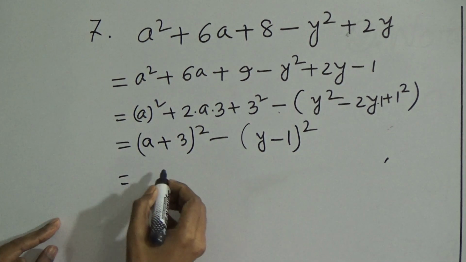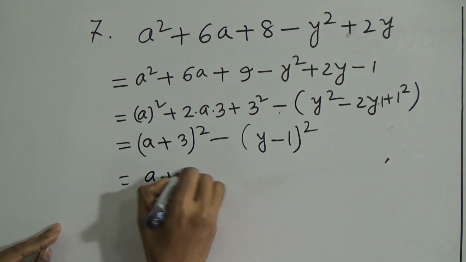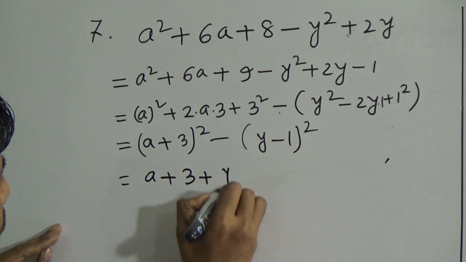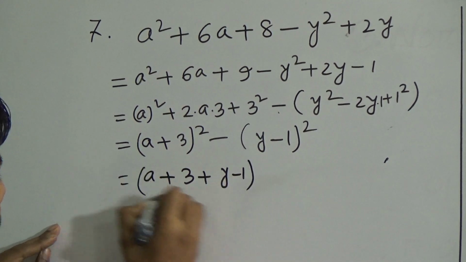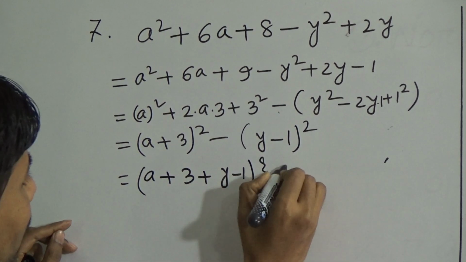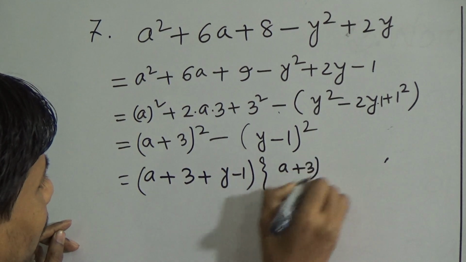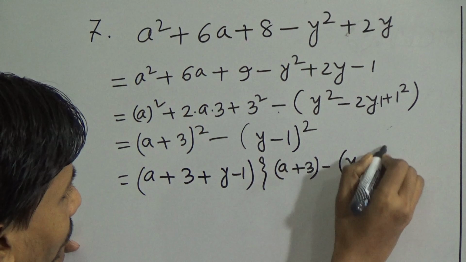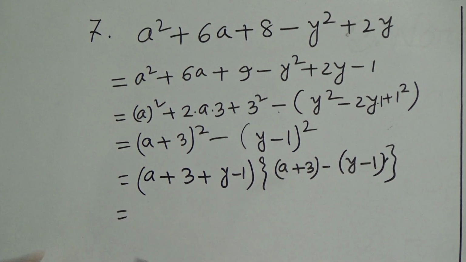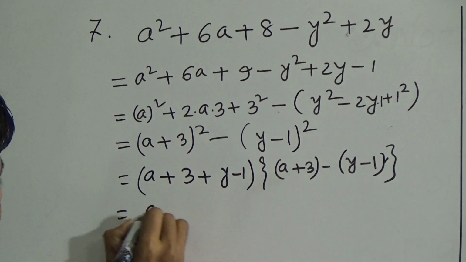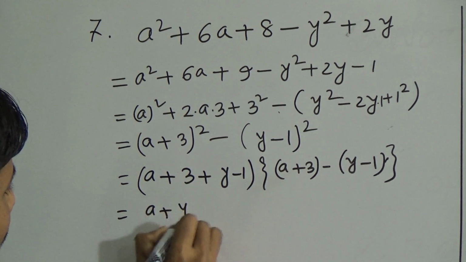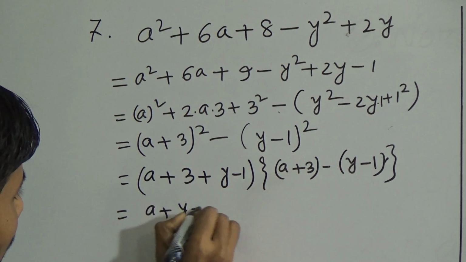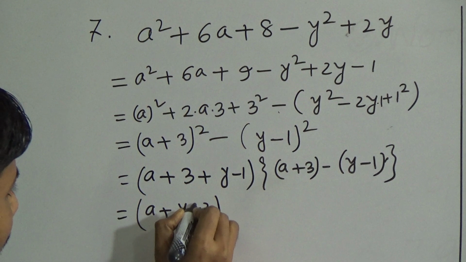That means a plus 3 plus y minus 1, then a plus 3 minus y minus 1. Then a plus 3 minus 1 equals what? 2. Right here plus.